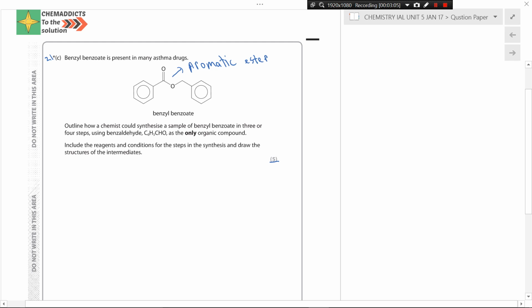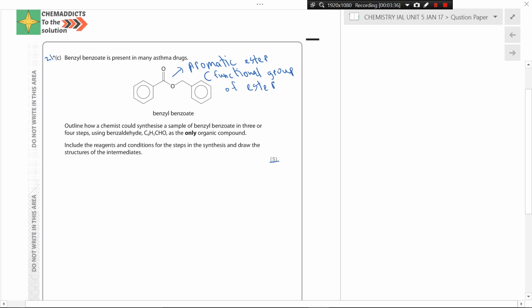Okay, since this is the functional group of ester, you can say that benzyl benzoate is actually an aromatic ester.